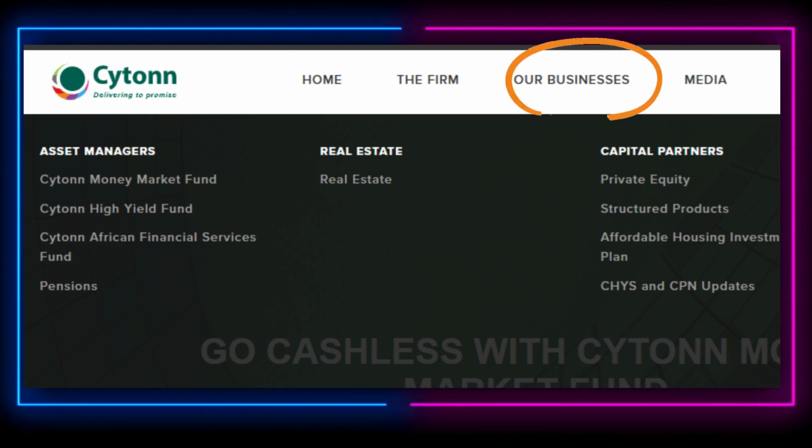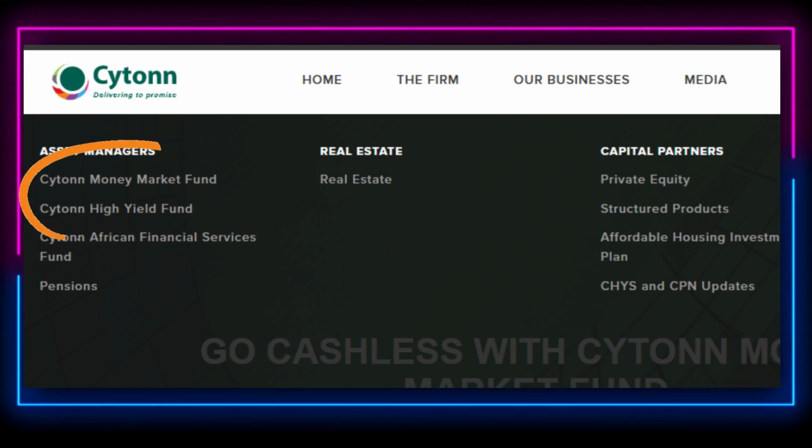Under our businesses, you can see they have different businesses, and I think our main focus right now is the asset managers, because they are the ones in charge of the Cytonn Money Market Fund, and also they are the ones in charge of the Cytonn High Yield Fund. So we are going to first focus on the Cytonn High Yield Fund, and then we can proceed to the Cytonn Money Market Fund.